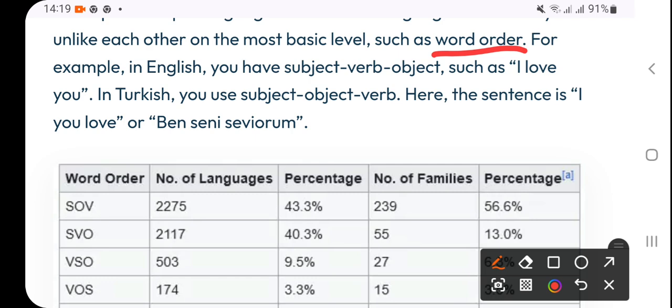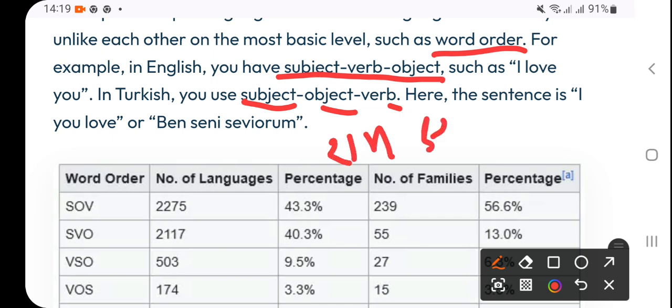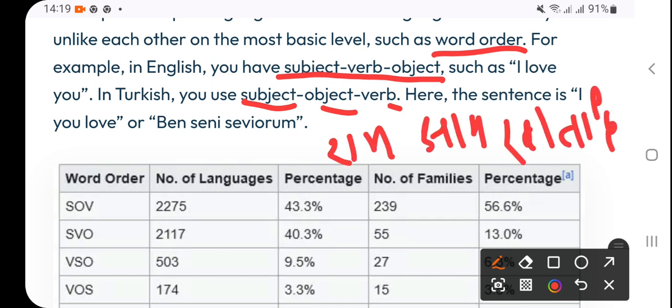For example, in English you have subject, verb and object. This is a word order, such as I love you, right? But in Turkish you use subject, object and verb. Similarly in Hindi also. Example in Hindi, Ram आम खाता है, right? So here the verb खाता है is last, and the object comes before it, after the subject.